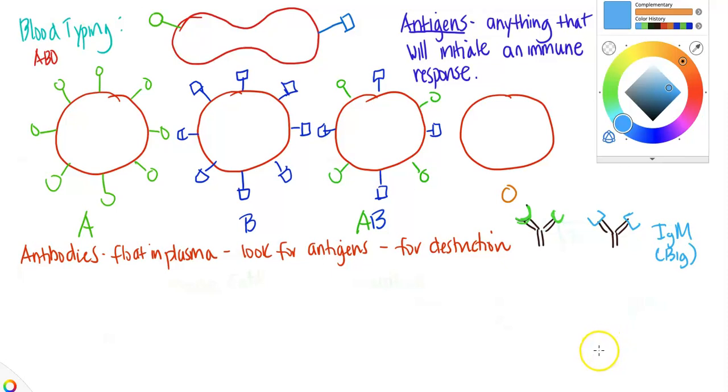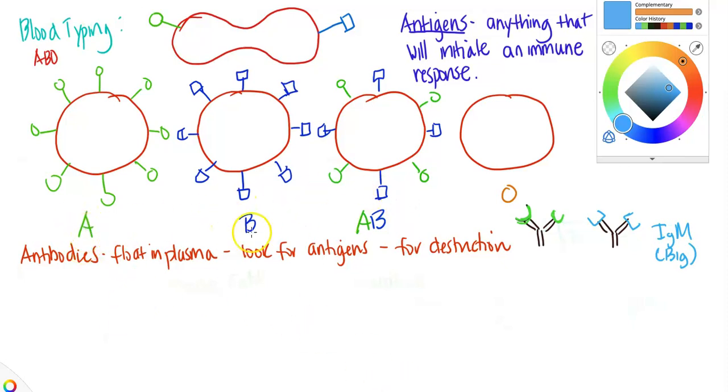Okay. So if you are blood type A, then you have antibodies for B. If you are blood type B, you have antibodies for A. If you are blood type AB, you don't have antibodies. If you are blood type O, you have antibodies for both.